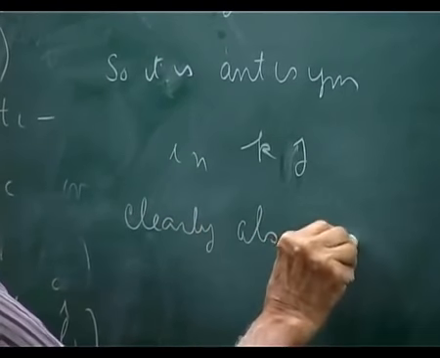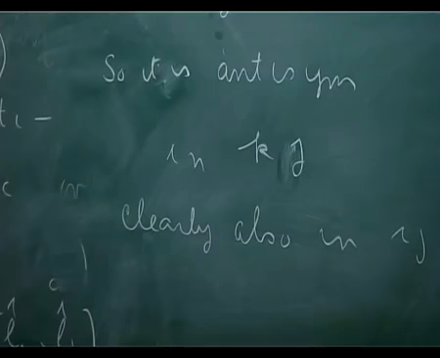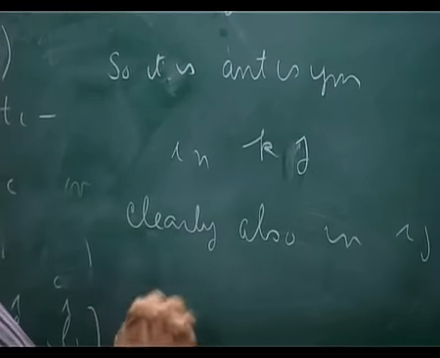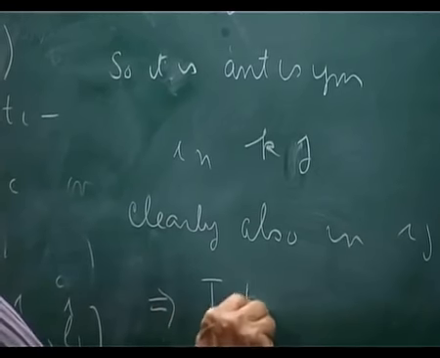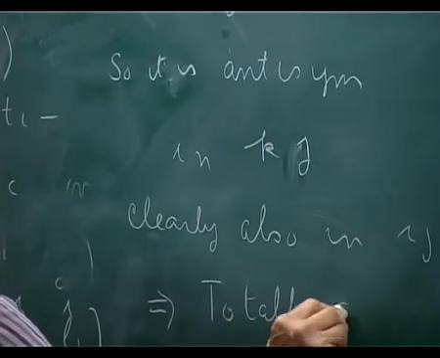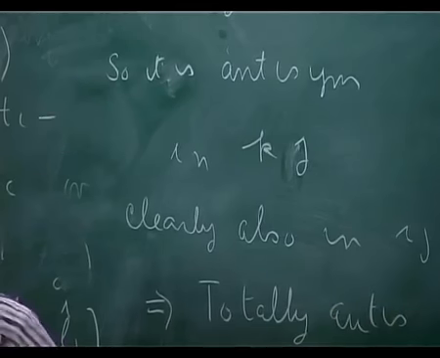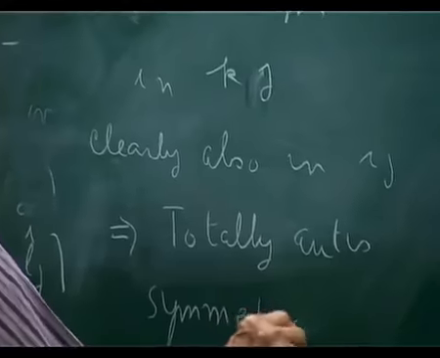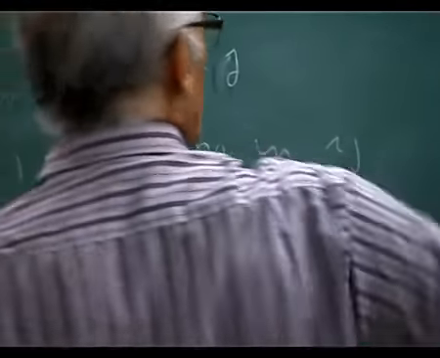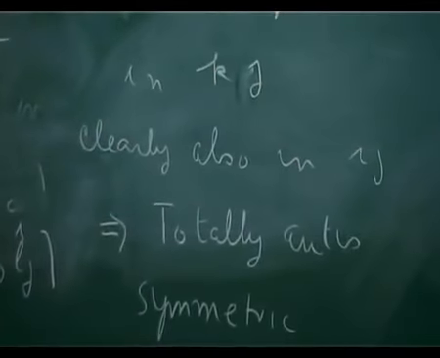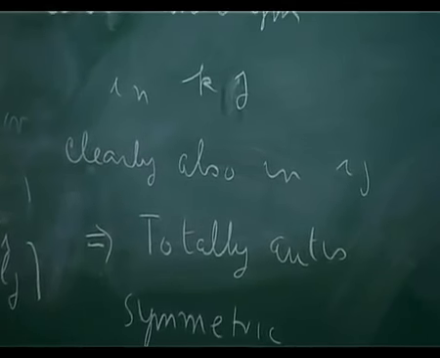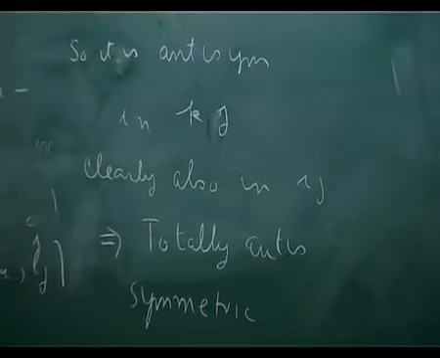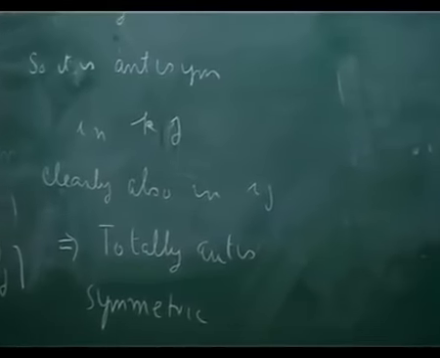So it is totally antisymmetric. The existence of this totally antisymmetric structure constants is necessary and sufficient for the Lie group to be compact.